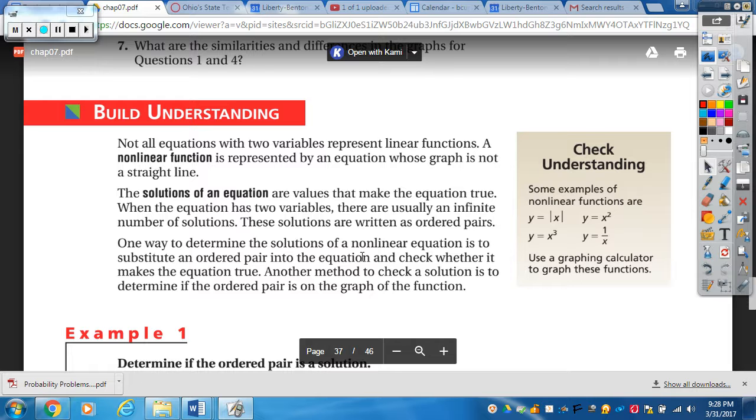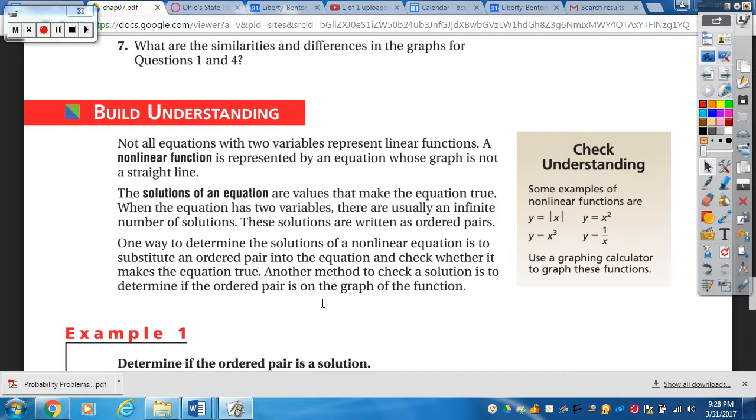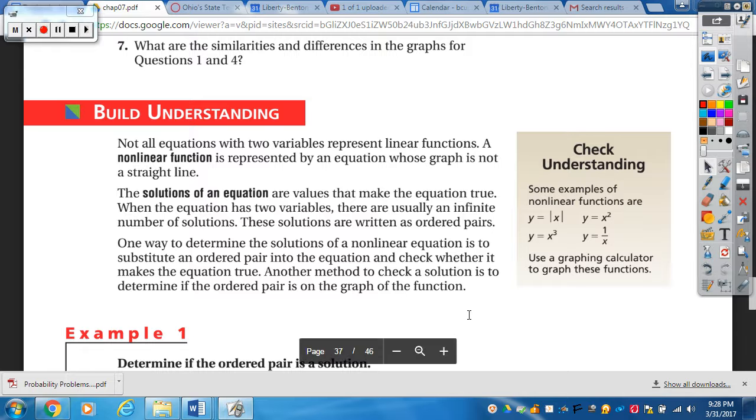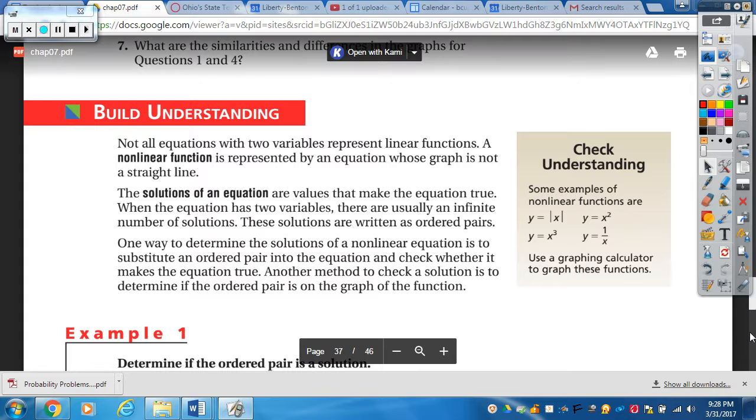One way to determine the solution of a nonlinear equation is to substitute an ordered pair into the equation and check whether it makes the equation true, if equality is still maintained. And I'll show you that in a second. Another method to check the solution is to determine if the ordered pair is on the graph of the function. And we'll see that in a second as well.